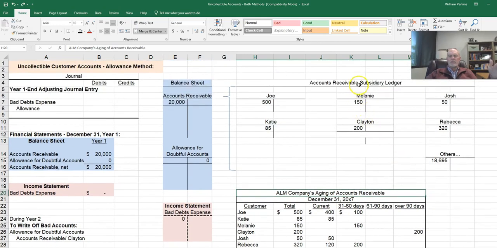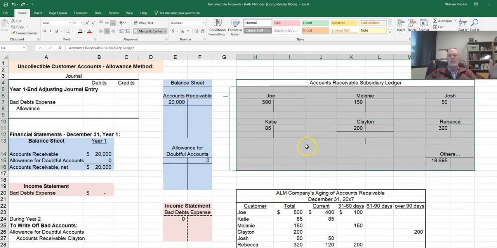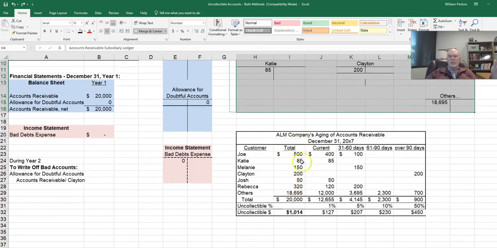If you take all of these individual customer balances in the accounts receivable subsidiary ledger, and you list them out, and then age them, show how old they are, then you can get a sense of the quality of these receivables. If most of those receivable balances are brand new, then we would consider that to be good quality. But if we have a whole bunch of really old accounts in there, then there may be a problem with collectability. So I've got these customer balances aged, and most of them are current.